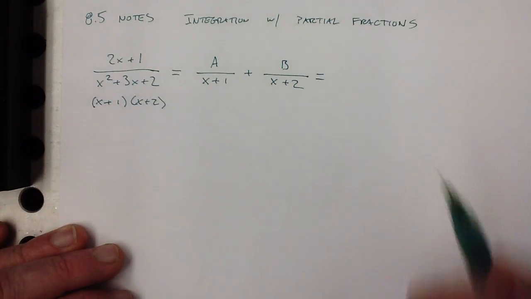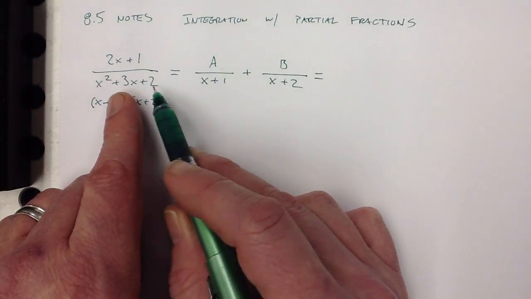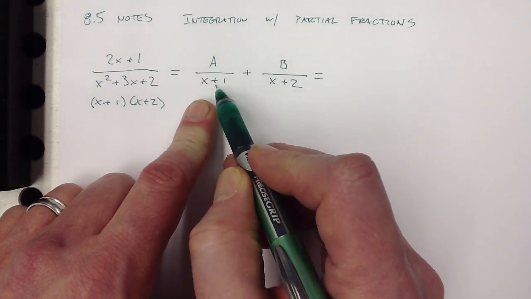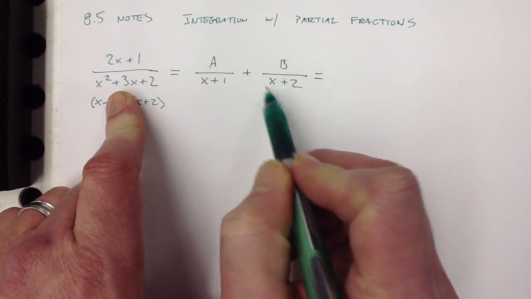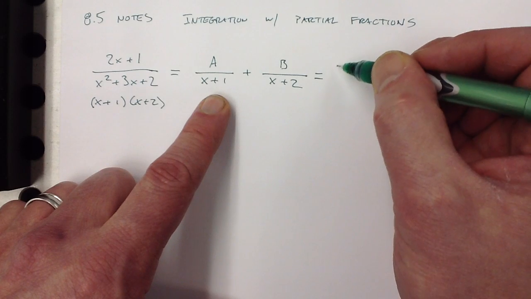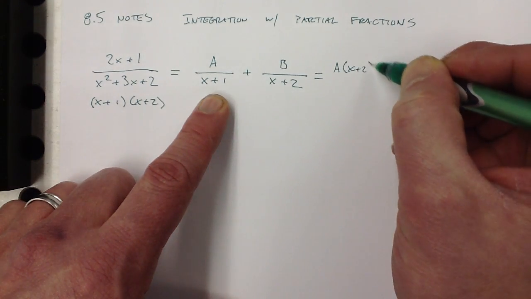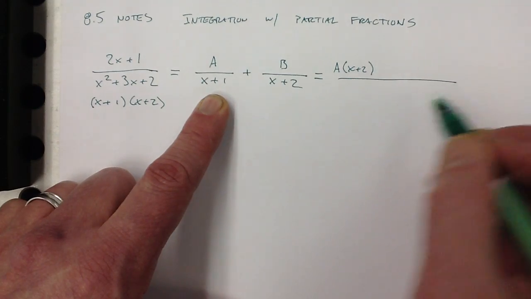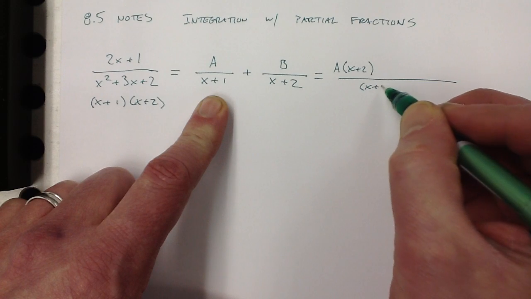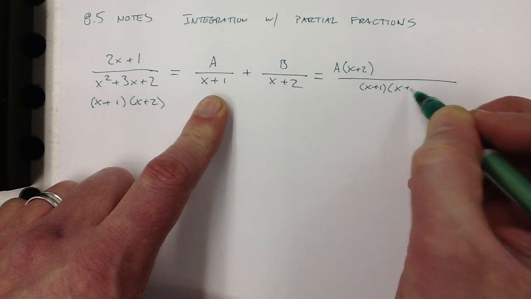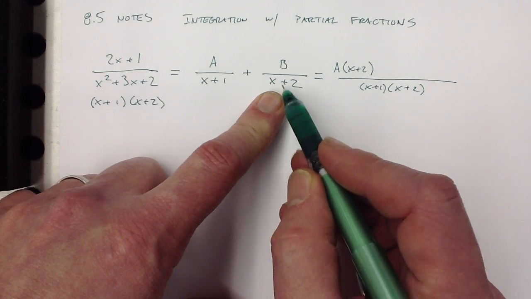And to figure that, we say, well, if I actually wanted to reconstitute this now, this right here is missing, to get the full denominator here, it's missing the x plus 2. So I'd have to multiply a times x plus 2 on the top, right? That's missing there, over the common denominator. And this is missing the x plus 1.